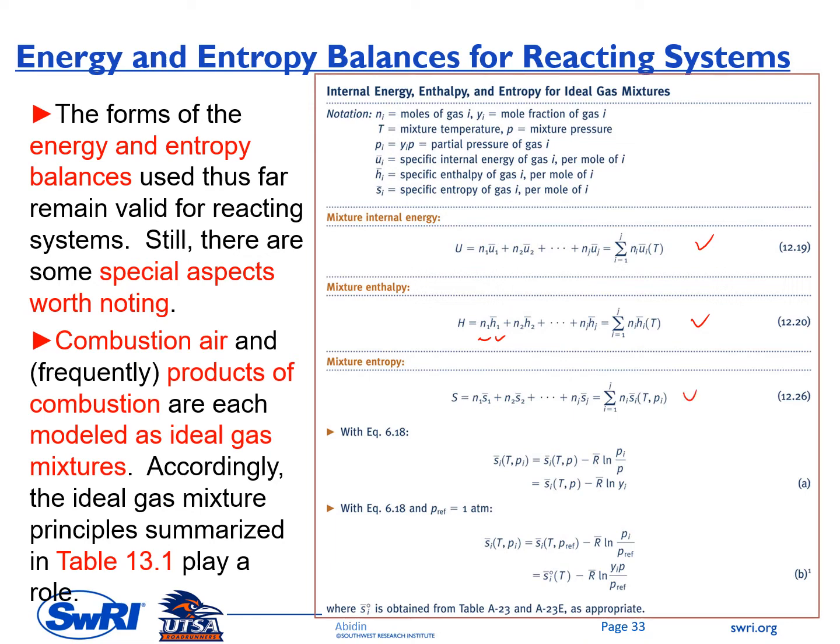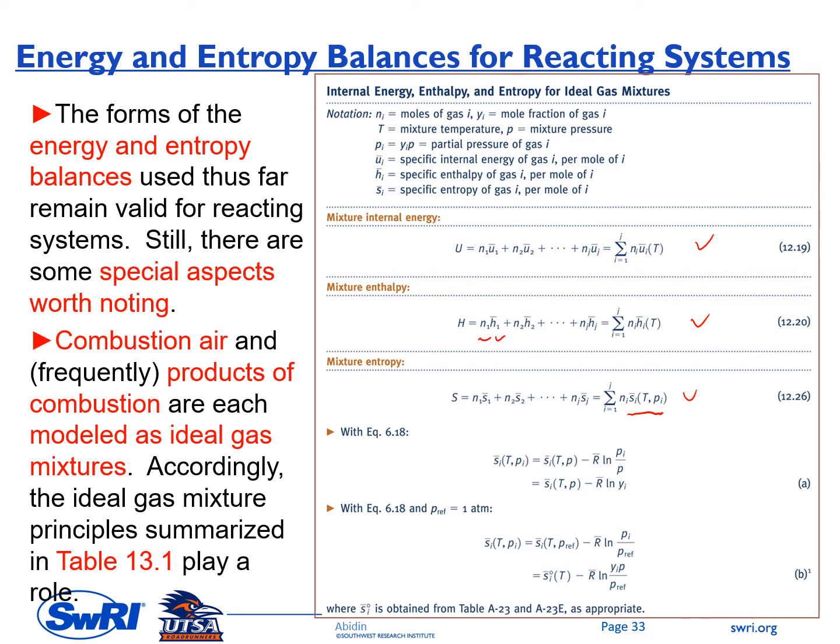For the entropy, it is a function of two parameters. So in this equation, it is a function of temperature and pressure. And then we will use equation 6.18 to help determine the entropy change.